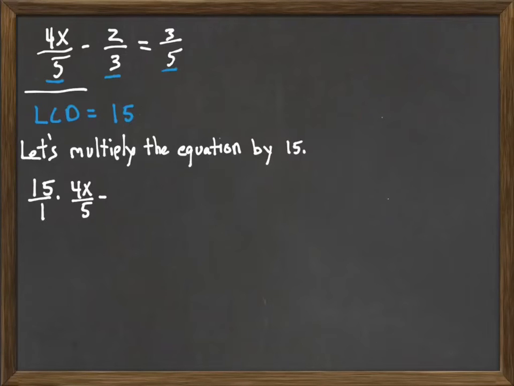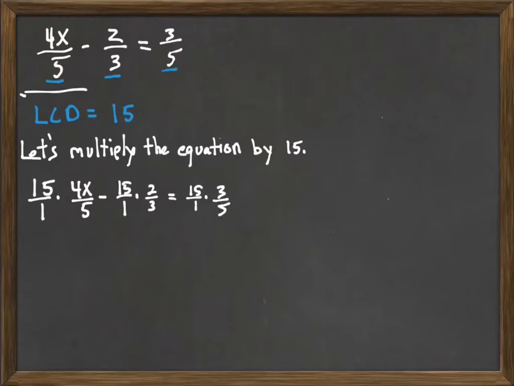I'm then going to continue and multiply my next term here, 2/3 by 15. And as I'm writing that, since those are fractions, I'm writing that as 15 over 1. And then finally, the last term here, 3/5, I'm multiplying that by 15 as well. So everything gets multiplied by 15.